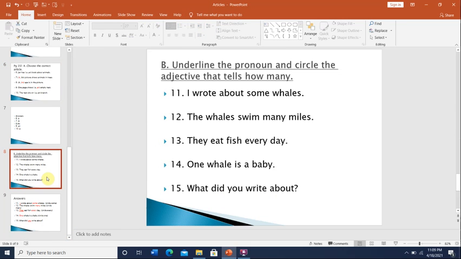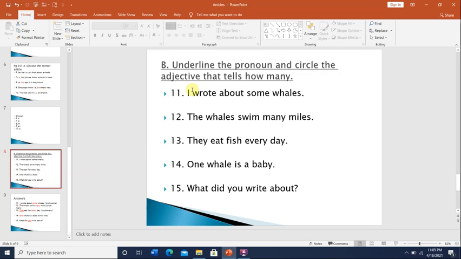Next, at the bottom of the page, it says underline the pronoun and circle the adjective that tells how many. To remind you, a pronoun is a word that takes the place of a noun, like he, she, it, I, we, or they. An adjective is a word that describes the noun.